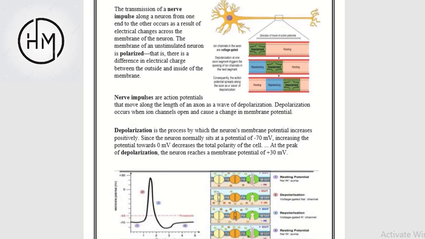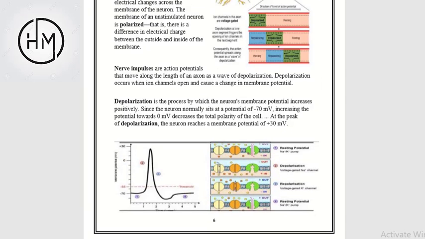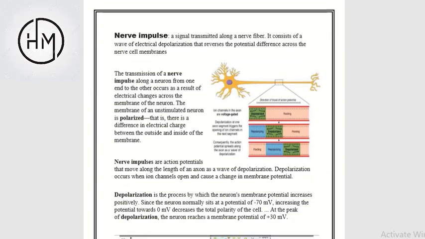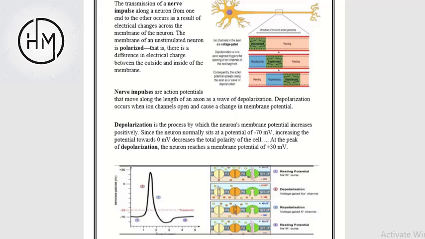The nerve passes through three important stages. Polarization at first, which is called the resting state. When an impulse does its action at a specific point along the axon, the nerve will convert from the polarization state to the depolarization state.